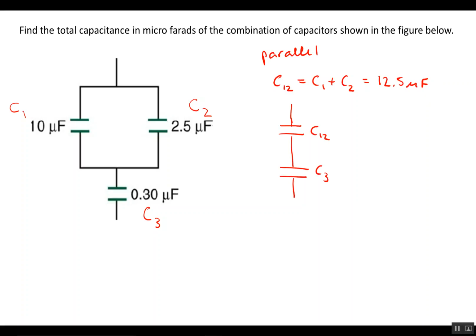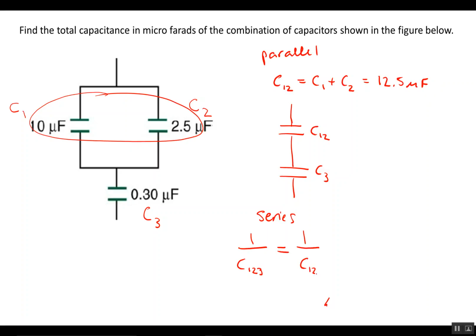The rule for combining capacitors in series is that 1 over the total capacitance, call it C123, is equal to 1 over the first capacitance plus 1 over the second capacitance.